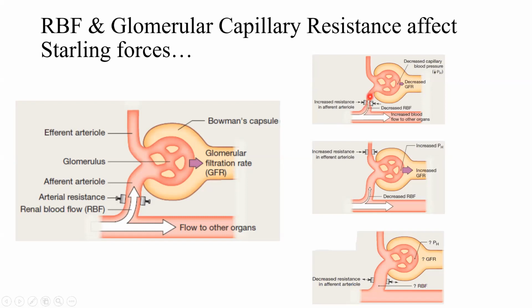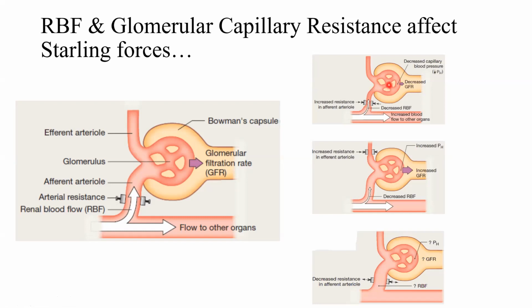So increasing the resistance of the afferent arteriole, or in simple words, vasoconstriction of the afferent arteriole, will decrease the RBF, the renal blood flow, which will decrease the GFR, right?